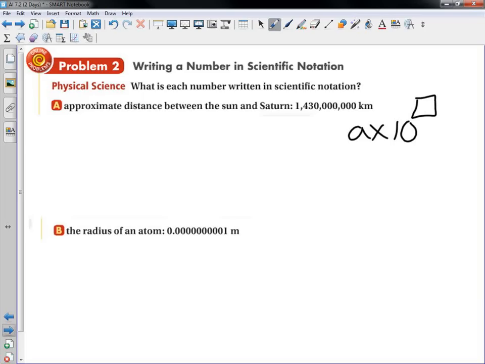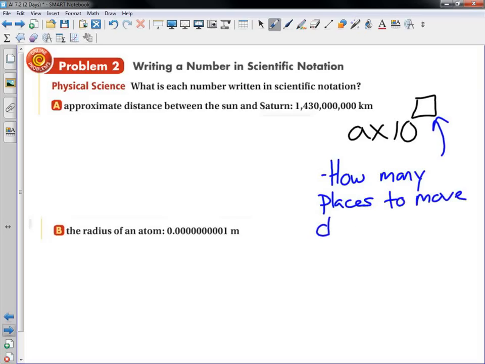There's going to be some number up there. So right now I'm only talking about that number right there. Whatever number that is tells you how many places to move the decimal.